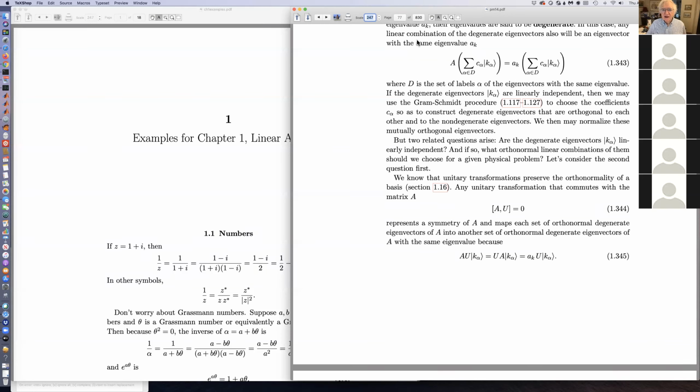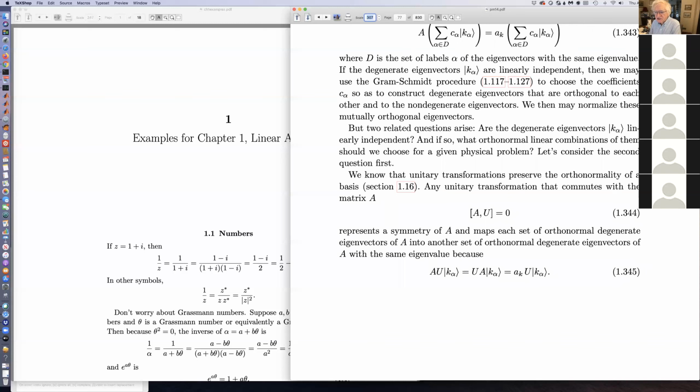So let's consider any unitary transformation U that commutes with the operator A, which we say represents a symmetry of the matrix A. It maps each set of orthonormal degenerate eigenvectors of A into another set of orthonormal degenerate eigenvectors of A with the same eigenvalue, because A and U commute.